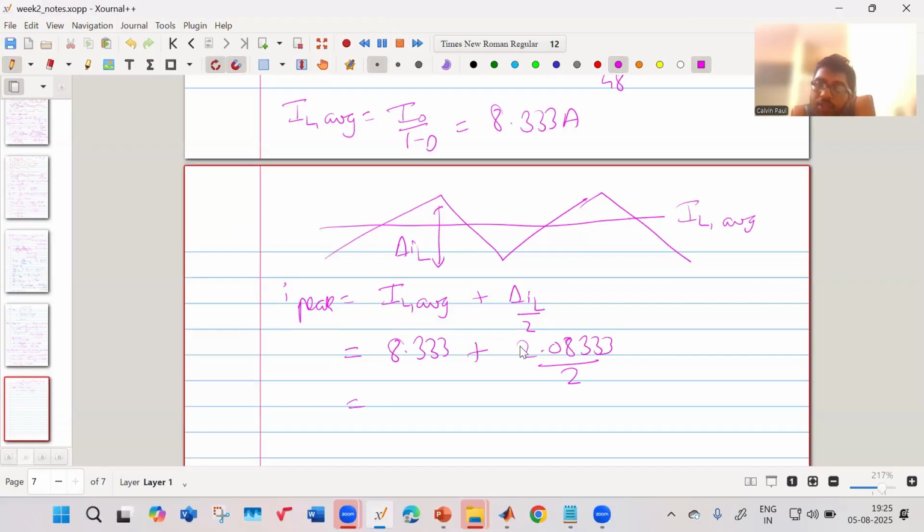Okay, very good. 9.375 ampere. So this is my peak current. So the control voltage, which I must set, should be at this value, right?